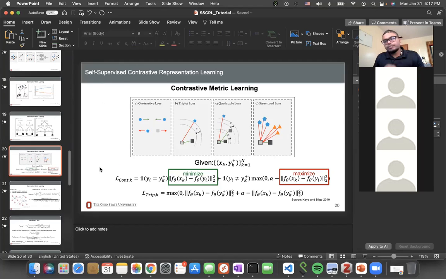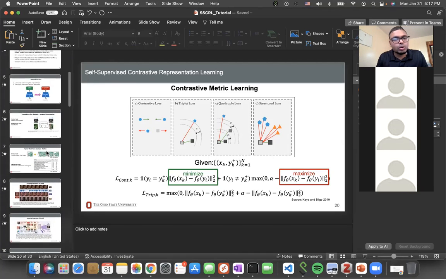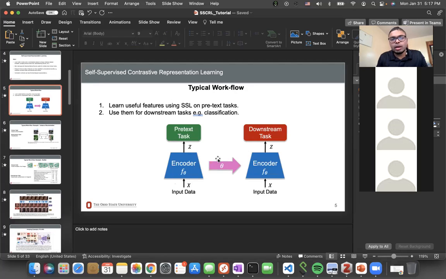First of all, this is essentially doing transfer learning. If you think about it, this figure itself tells you that this encoder is trained for transferring knowledge. Fundamentally, self-supervised learning is doing transfer learning inherently.